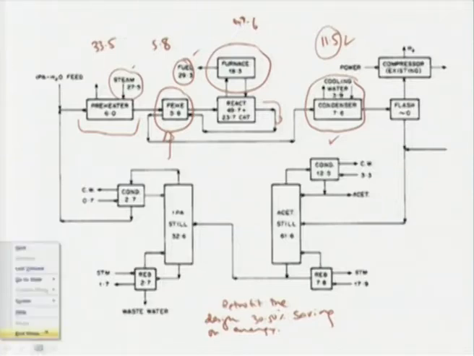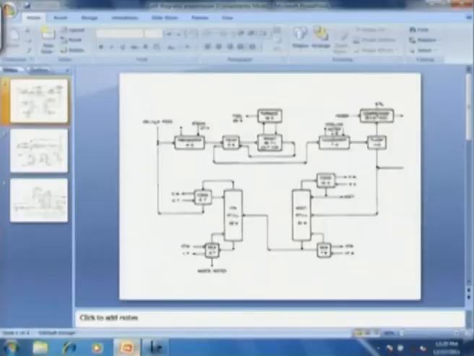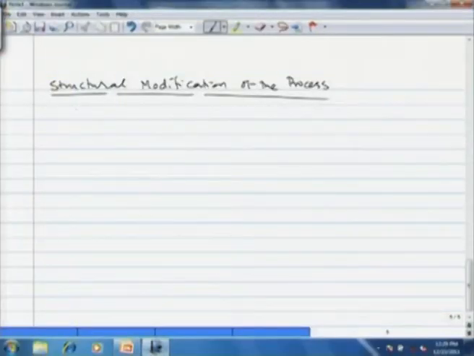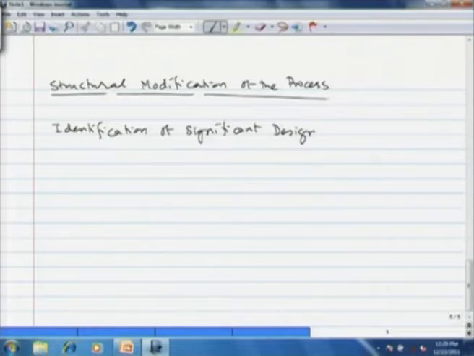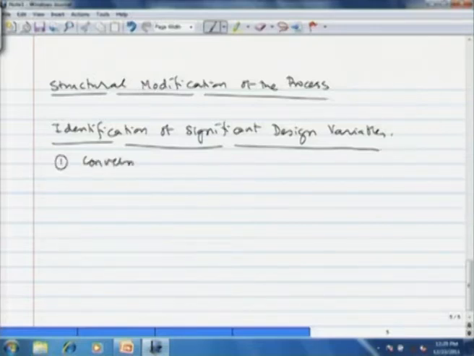What are the further applications of cost diagrams or utilities of cost diagrams? It is about the identification of the significant design variables. What are the design variables that we can identify from the flow sheet that we have seen? The first is the conversion in the reactor.